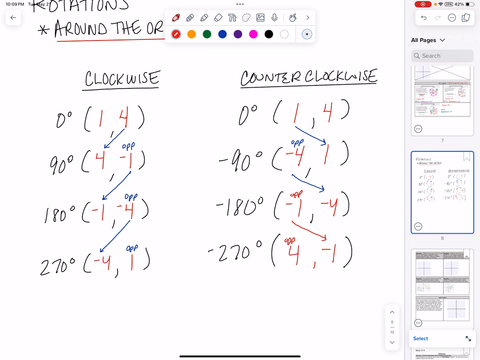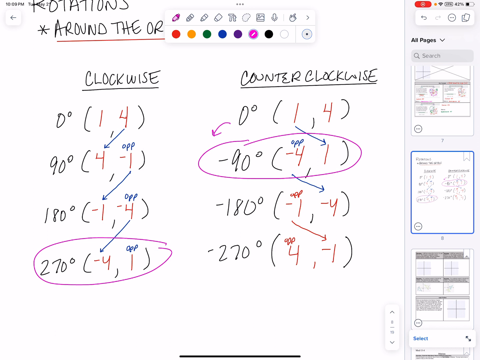Okay, I also want you to be aware of, so think about this for a second. If we're going 90 to the left, counterclockwise, think about that, this spot is the 270 spot, and do you see how they're the same number?